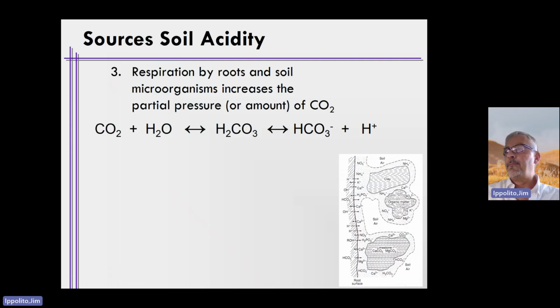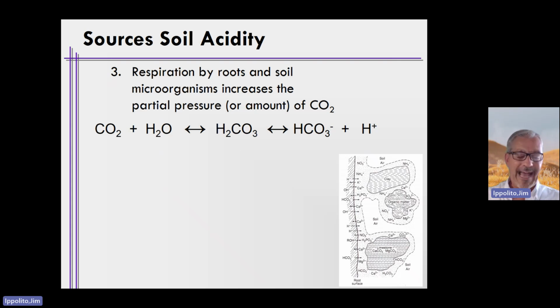The third portion that generates acidity for soils is respiration by roots and respiration by microorganisms. This increases the partial pressure of CO2. Respiration by roots and microorganisms increases the amount of carbon dioxide in the soil.